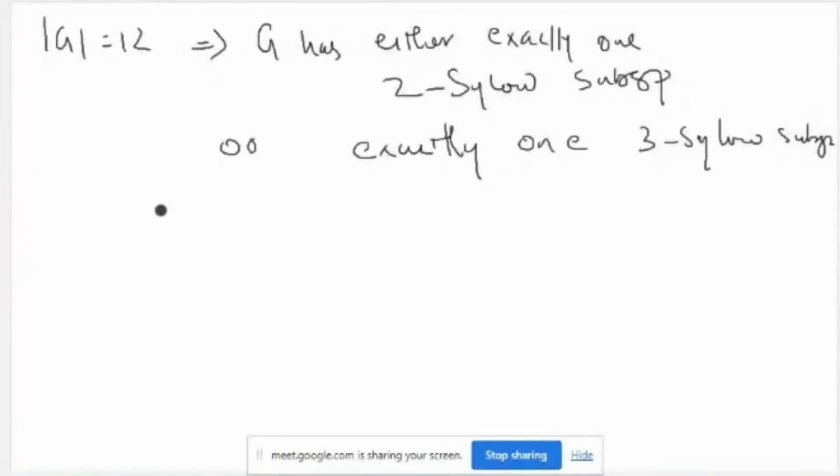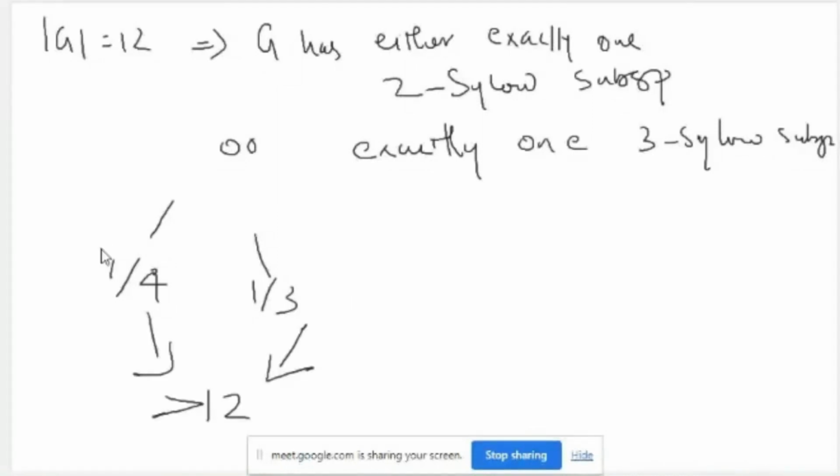The possibilities are 1 or 4 for Sylow 3-subgroups and 1 or 3 for Sylow 2-subgroups. 4 Sylow 3-subgroups and 3 Sylow 2-subgroups together will yield more than 12 elements, so that cannot happen. So at least one of them must be 1.